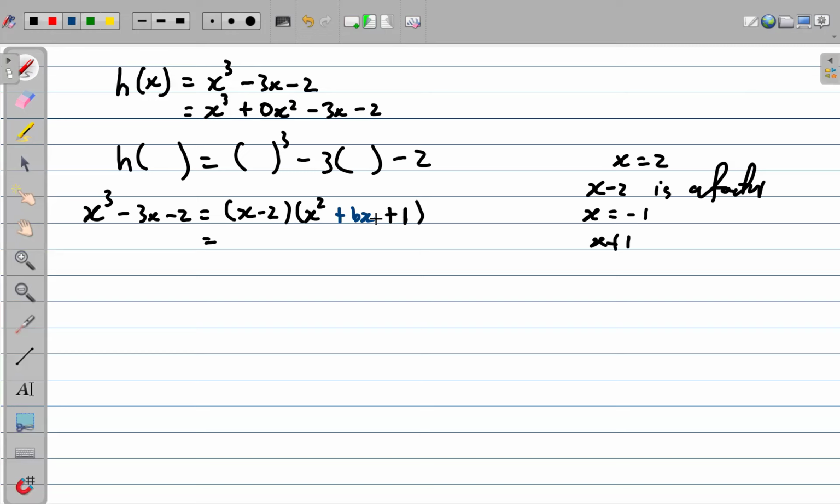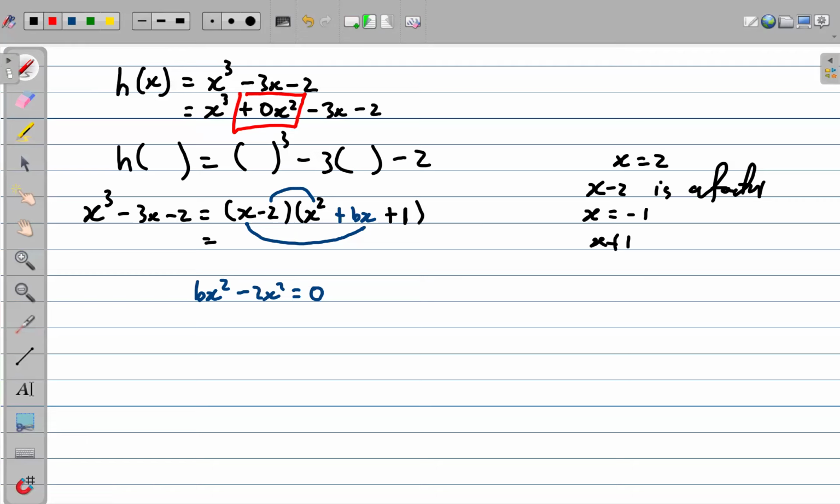Now, it's up to you still whether you want to play with the x squared terms or the x terms. So if you play with the x squared terms, then that is bx squared, and this is negative 2x squared, and this has to be a 0 because there's no squared term there.